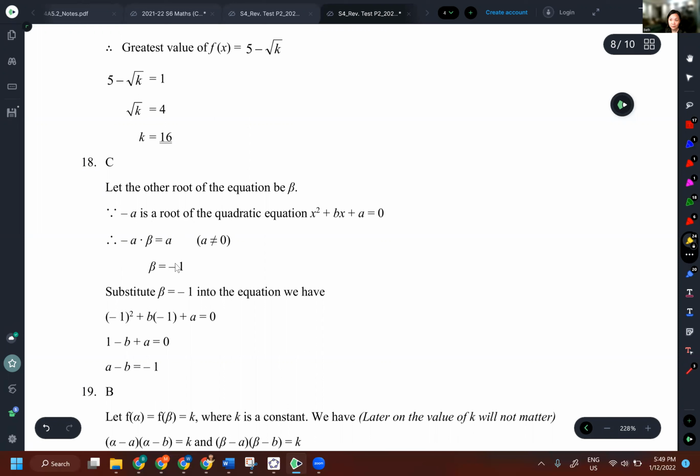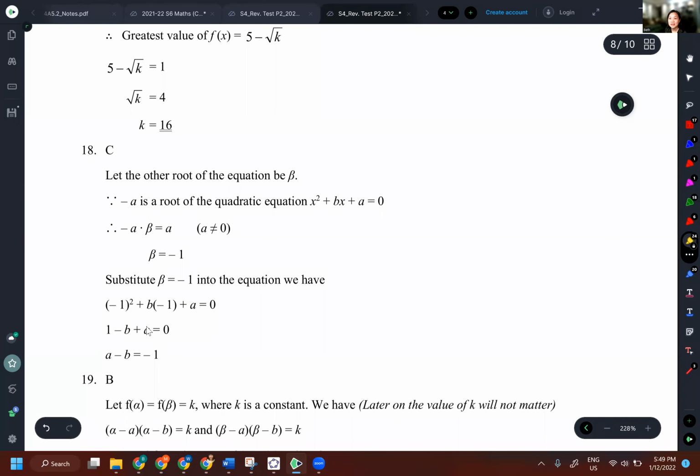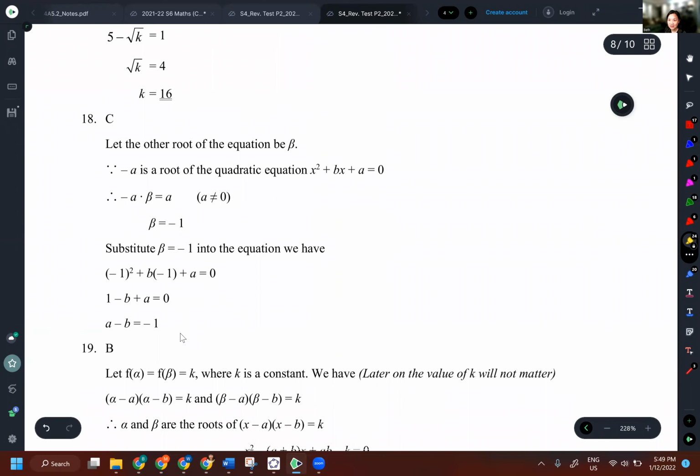Beta equals -1. Now here I say a is not equal to 0 because I want to divide by a. Now when I need to divide something, I make sure it's non-zero, so I divide. And beta is found. Now when beta is found, I can put it back inside the equation, and I will get 1 minus b plus a equals 0. So I think the third choice, C, is correct. A minus b is -1.